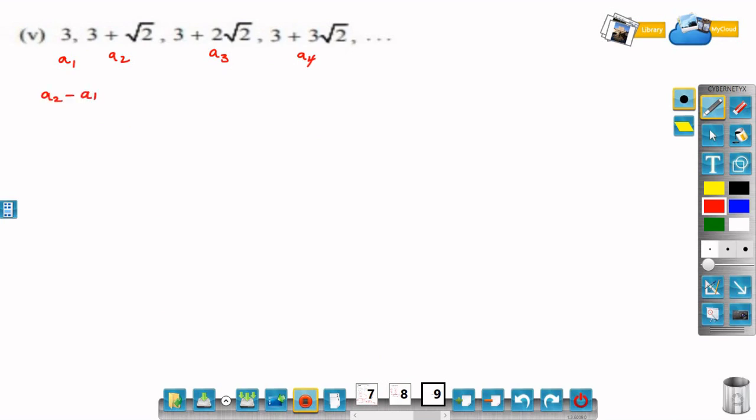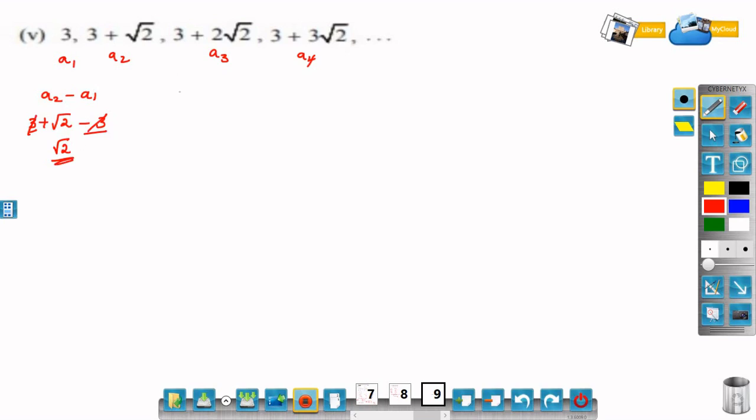A2 minus A1, that is 3 plus root 2 minus 3. While simplifying rational numbers with irrational numbers, we have to combine the rational number with the rational number, and the irrational number with the irrational number. 3 minus 3 is 0. So the common difference is root 2.